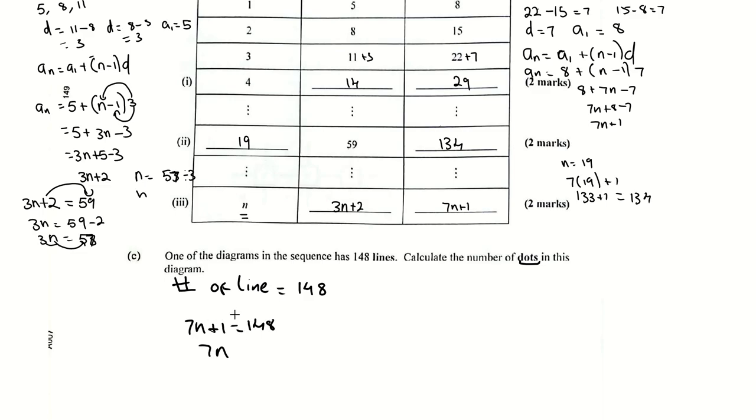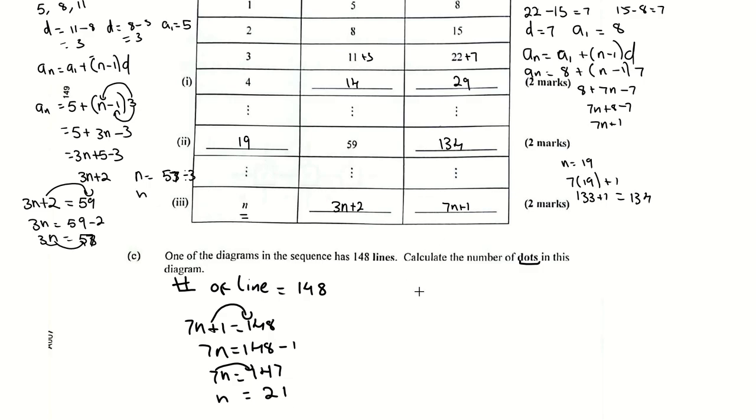So for 7n, you carry across plus 1. Anytime you carry something over the equal sign, it's the opposite, right? 148 minus 1. So 7n would be 147. If I carry 7 over, it will be divided by 7. 147 divided by 7 is 21.